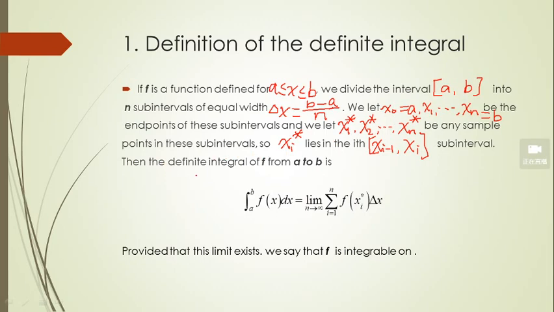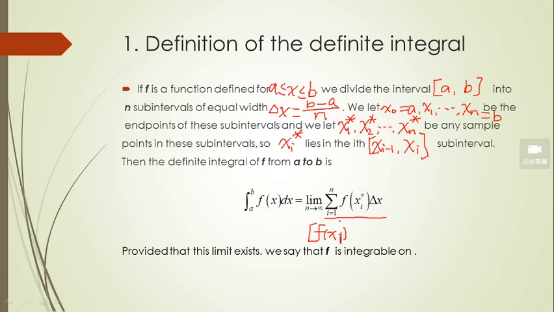Then the definite integral of the function f from a to b is represented in this notation with a stretched letter S kind of symbol. We call it the integral sign, from a to b, f(x) dx. What does this mean? This is the limit of this sigma notation. What does this sigma notation mean? That is the part we talked about in section 1, which means the index i goes from 1 to n.